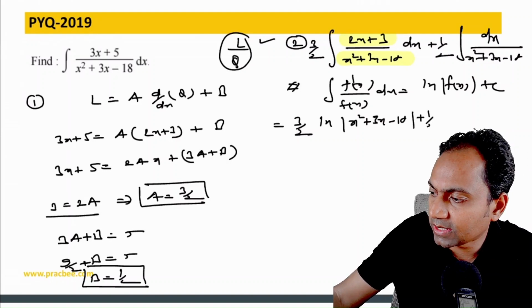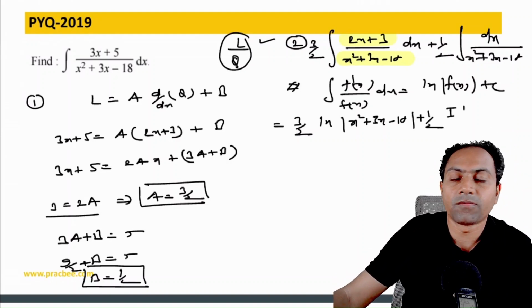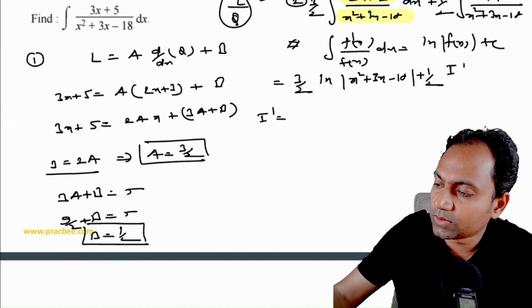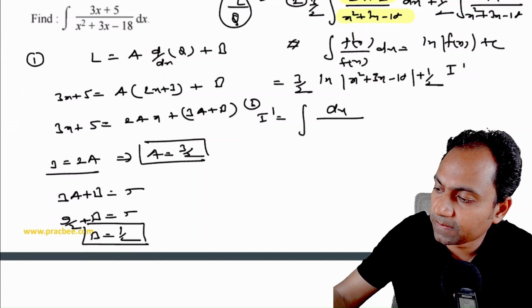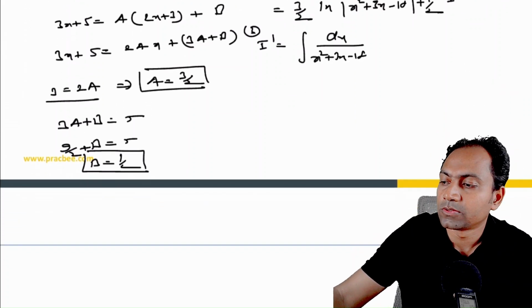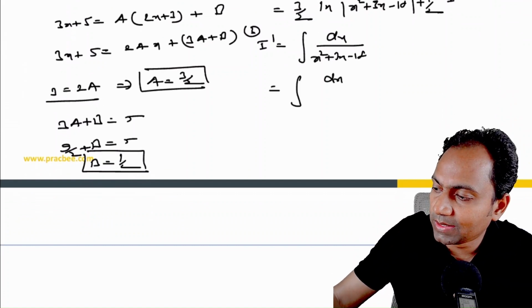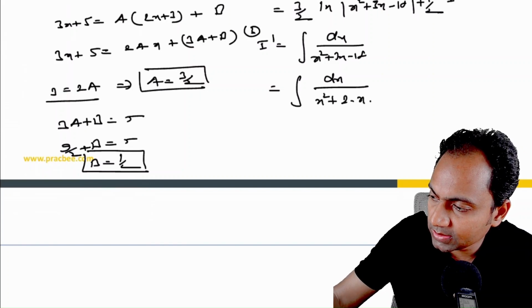And then there is this second part. In order to solve this, let us write this as I dash. If I want to solve this integral, let us write it separately. So the value of the third part of this integral is nothing but dx by x square plus 3x minus 18. So in order to solve this, we are going to generate a perfect square. So we can write dx here. x square is fine. 2 into x, 3 by 2.